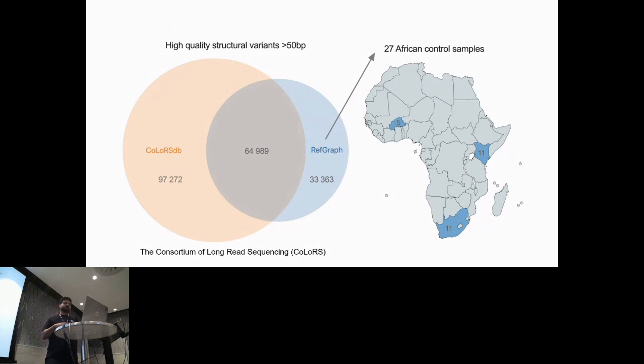When we did the intersection analysis, we found more than 33,000 variants which are unique to our only 27 African control samples. That means that we really need to address the African diversity, and it also proves the underrepresentation of African genomic diversity in the public and global databases.